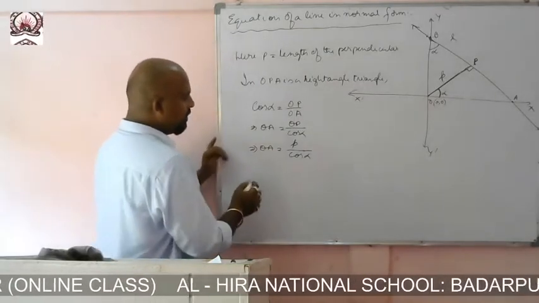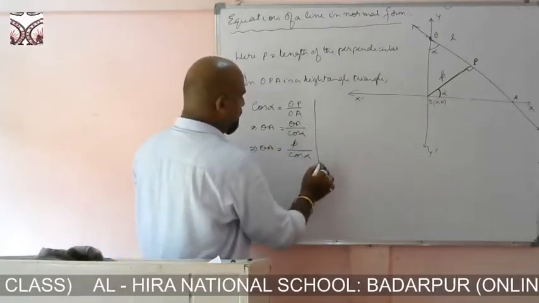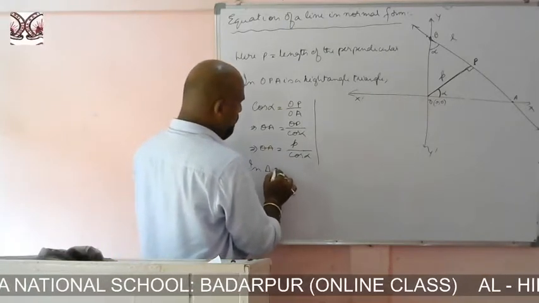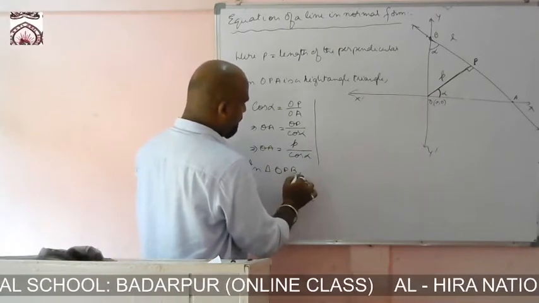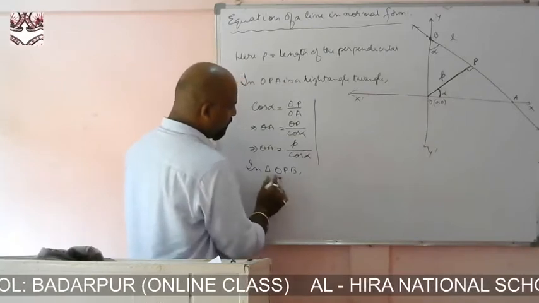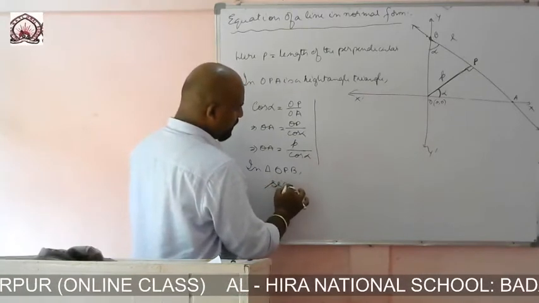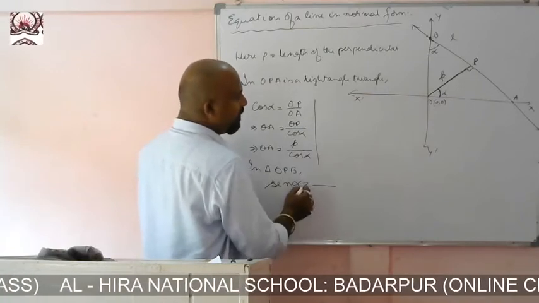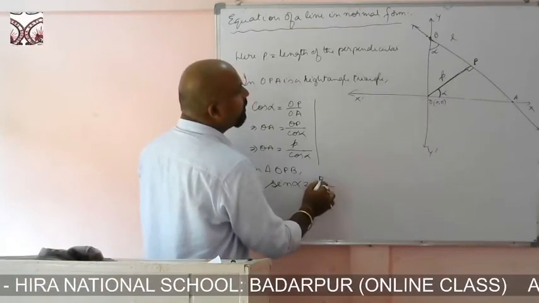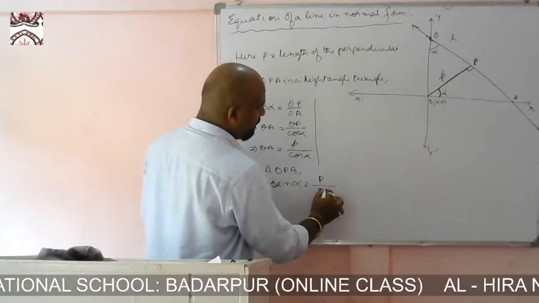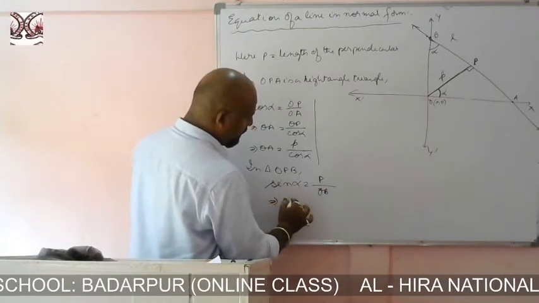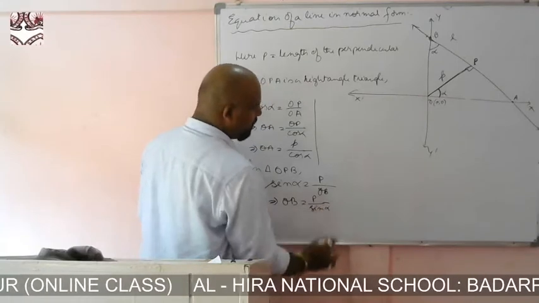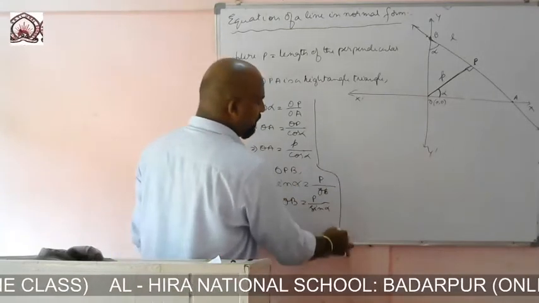Now similarly in triangle OPB, sin alpha equals perpendicular over hypotenuse, p by OB. So OB equals p by sine of the angle alpha.